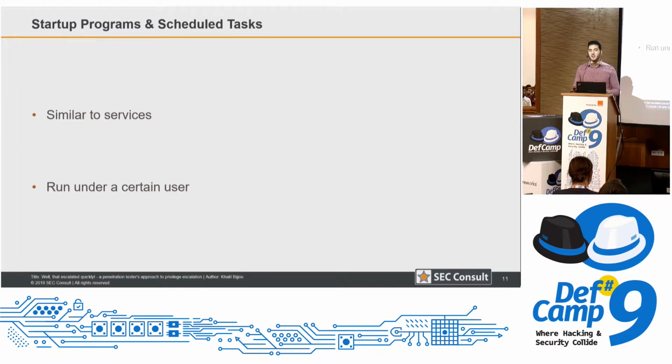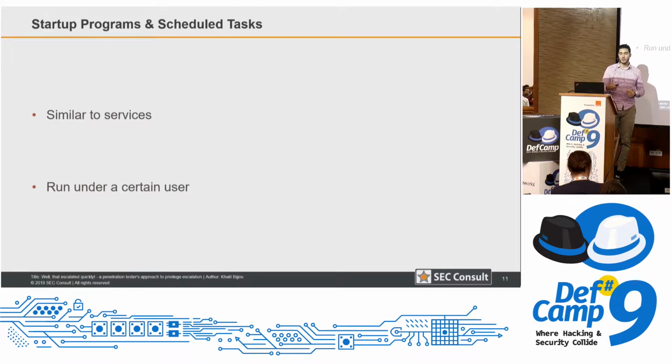And scheduled tasks are processes that run at a certain time or after a certain period of time. Both of these run, again, in the context of a certain user. In the later stages, we want to attack those startup programs and scheduled tasks that run in the context of a high-privileged user.